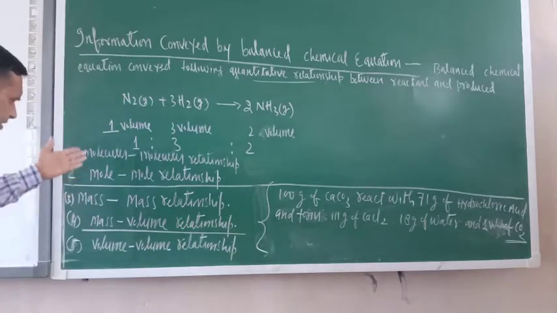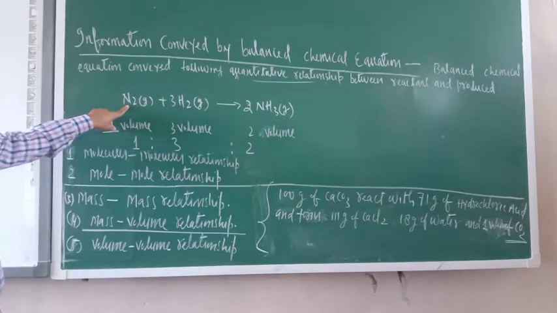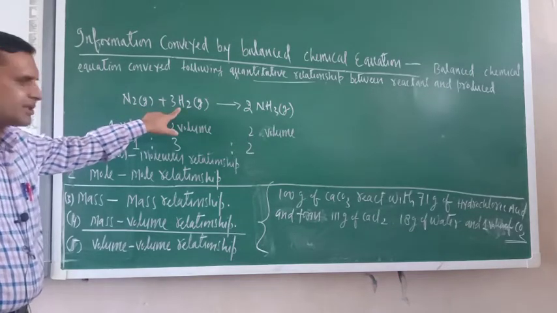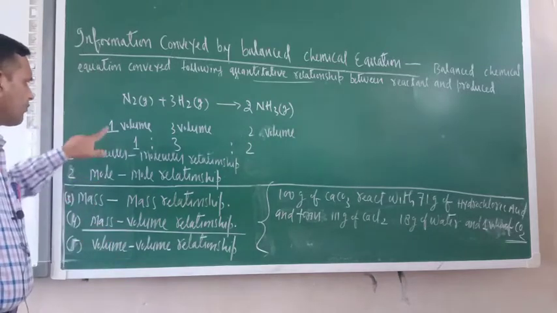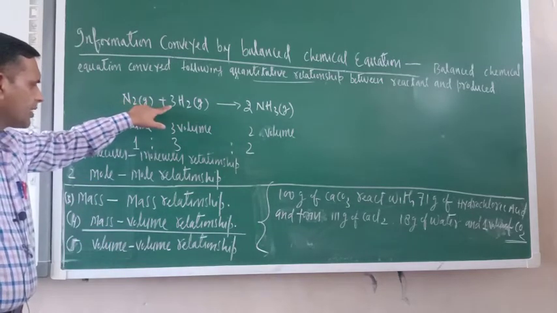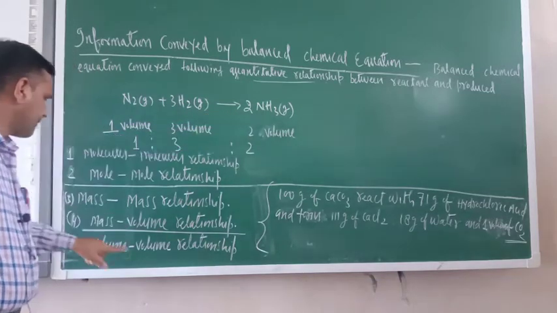Now we can express the same thing in terms of molecules also. 1 molecule of N2 reacts with 3 molecules of H2 and forms 2 molecules of ammonia. Similarly, 1 mole of N2 reacts with 3 mole of hydrogen and forms 2 moles of ammonia.